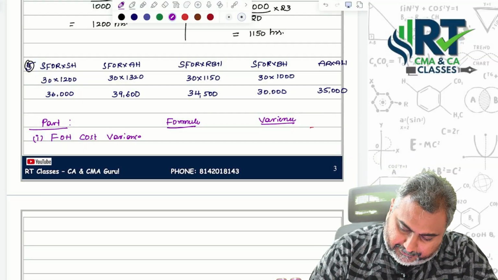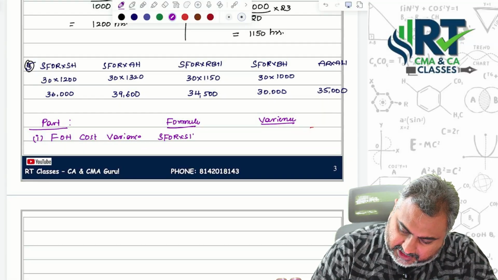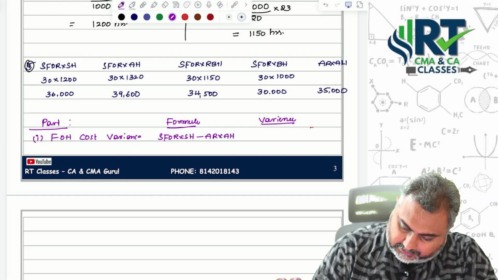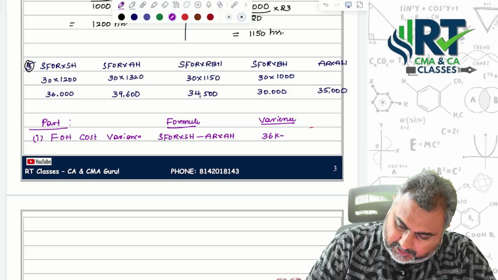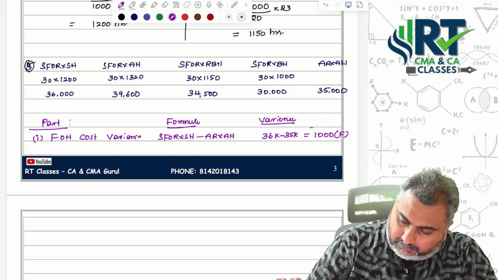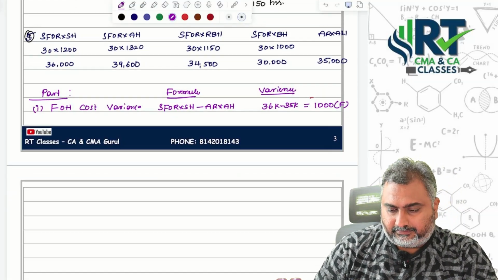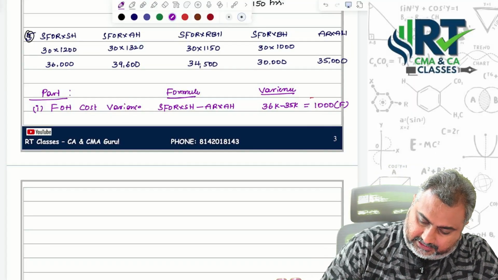What is the formula? SFOR into SH minus AR into AH. That is equal to 36,000 minus 35,000. That is equal to 1000 favorable. That is fixed overhead cost variance.